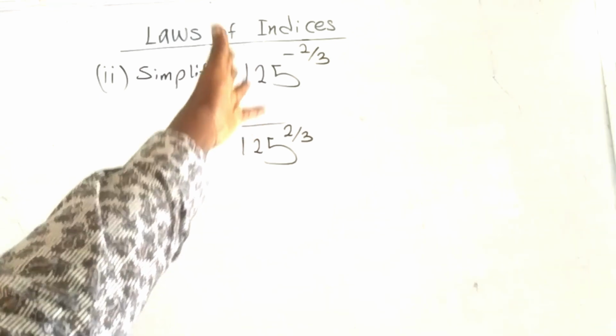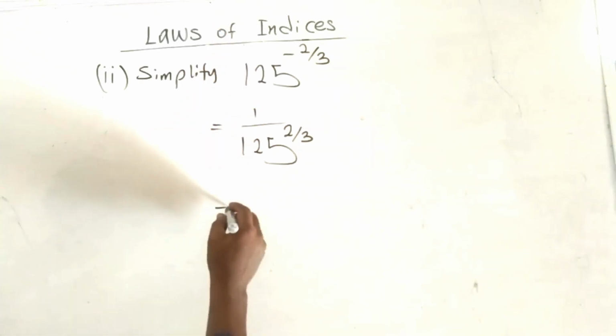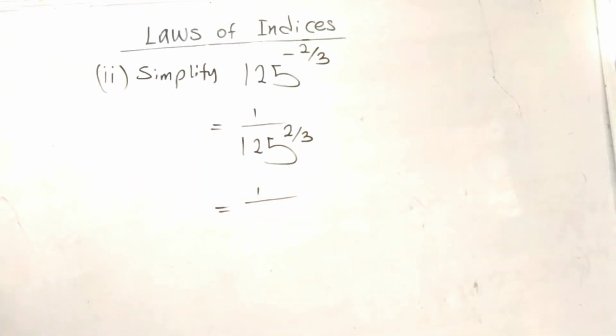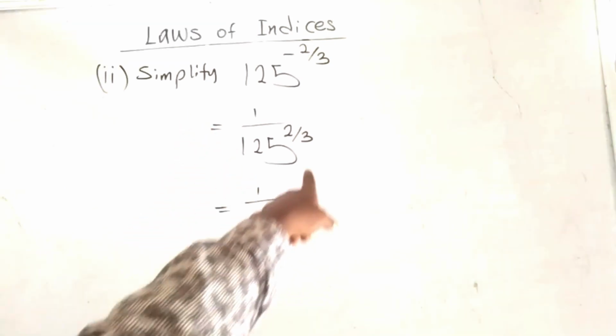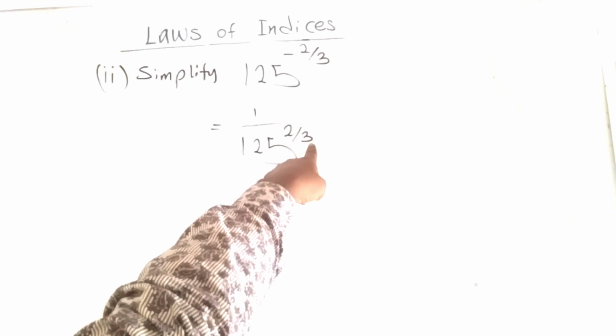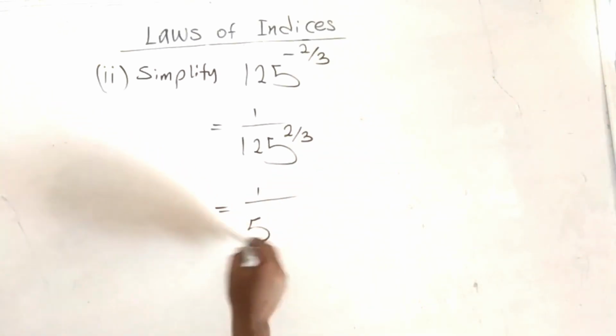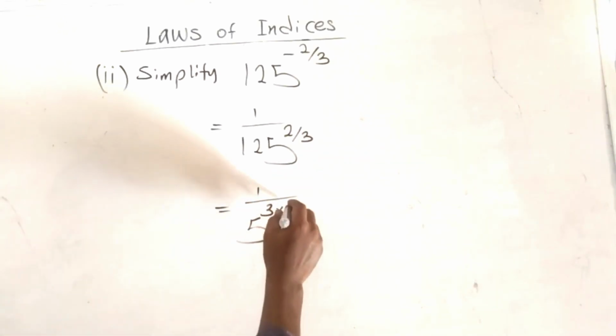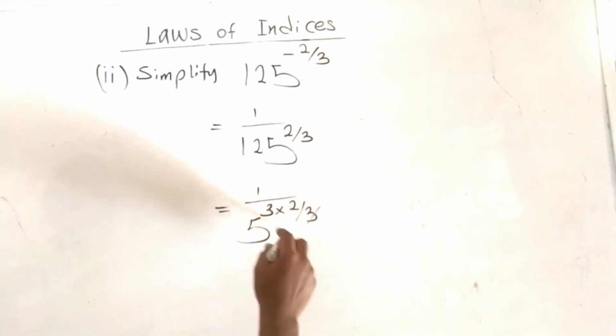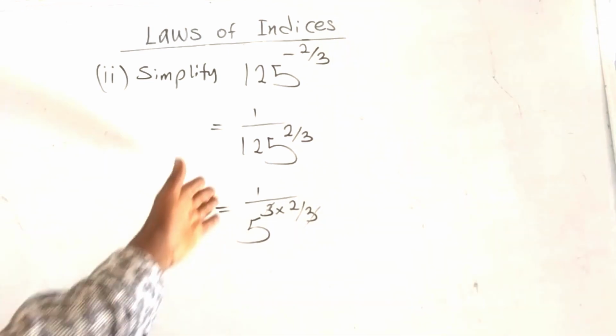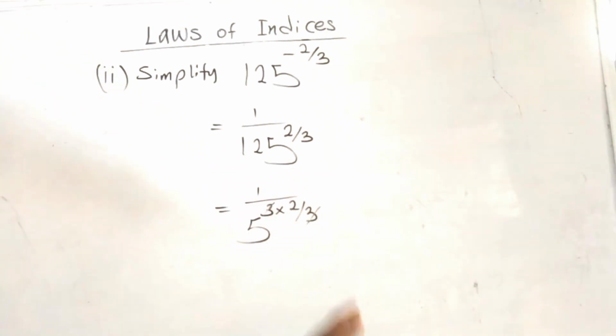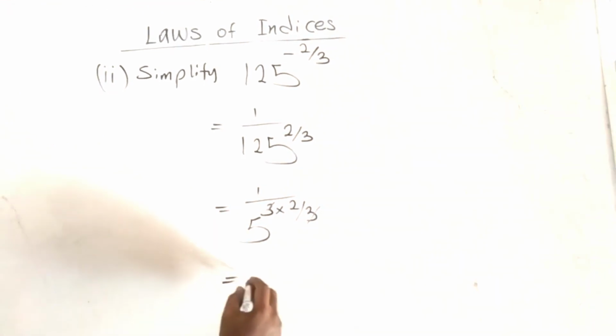That's the law of inverse. You can change 125 to 5 raised to the power 3 because of the cube root. 3 cancels 3. So what's left here? 1 over 5 squared, which is 1 over 25.